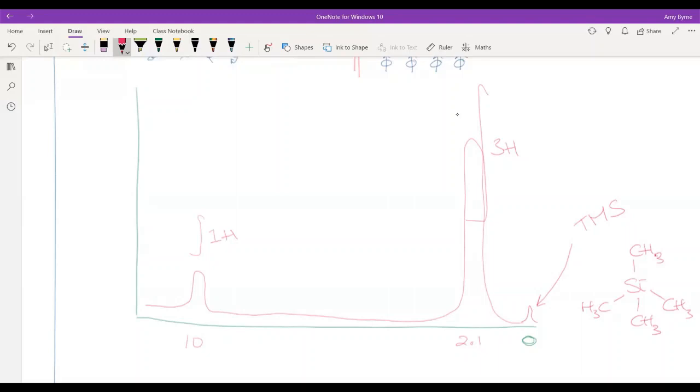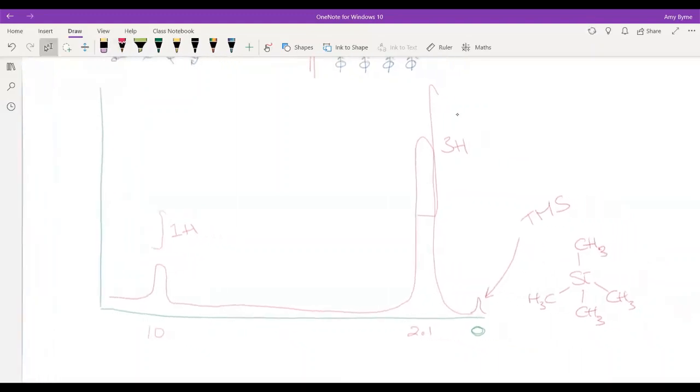So when you look in your data book, there isn't really anything at 2.1. Well, there is. When you look at 2.1, it could be the hydrogen attached to an ester on one side, or it could be a hydrogen attached to a ketone.